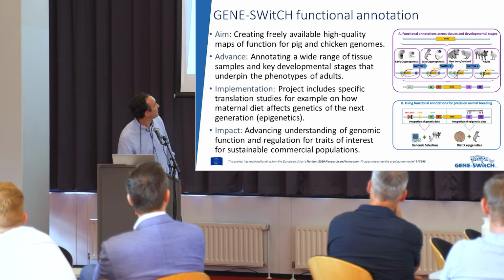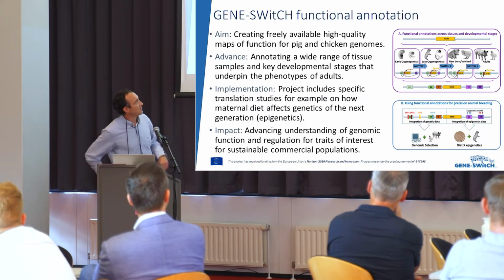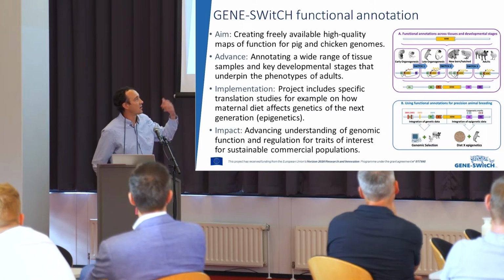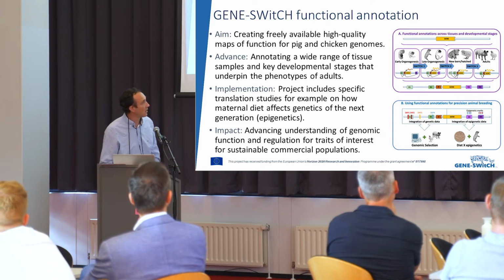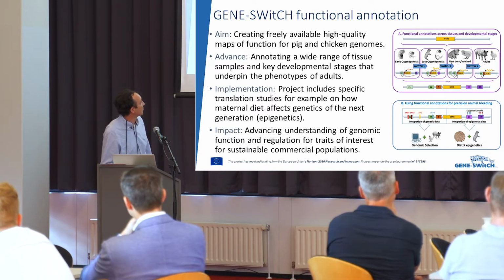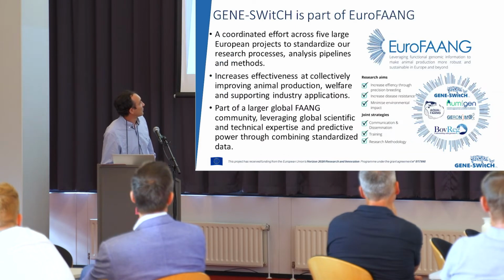By getting knowledge on the early stages of development, we think it will be better to explain the phenotypes in adults or young animals. And so we also include specific translational studies, but I won't come back to it because it's the same as I said before.